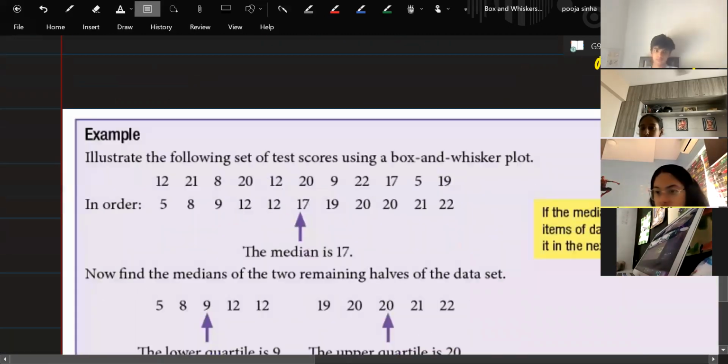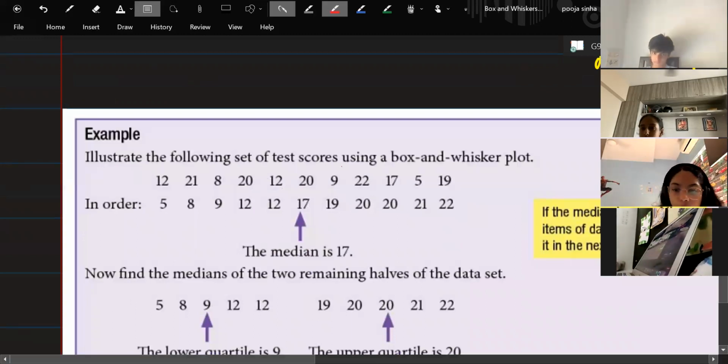Your question is here. It says illustrate the following set of test scores using a box and whisker plot. And all of this data is given to you, right? This data is 12, 18, 21, 8, 20, 12, 20, 9, 22, 17, 5, and 19. What is the first step to find the median? Total frequency upon 2 or middle number.